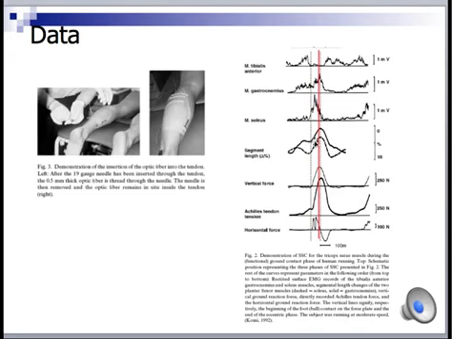That's what's being recorded here. And then here's the force from the fiber optic cable. So essentially he has force and information about length, and then he can also differentiate length and get velocity. So he's able to connect the shortening, the actual shortening velocities and force output in a muscle in vivo as somebody's moving.